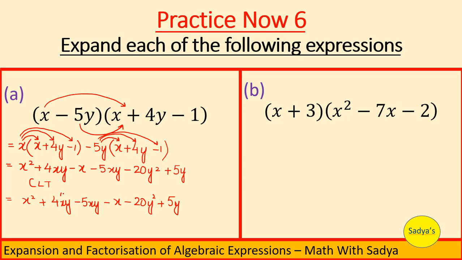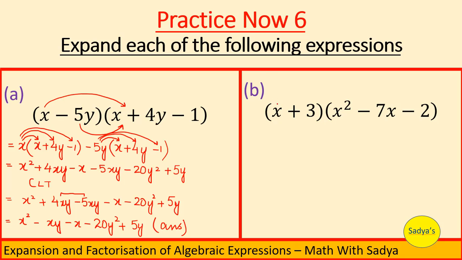Now these two terms, when simplified, 4xy minus 5xy gives us negative xy. So minus xy minus x minus 20y squared plus 5y. This is our answer.